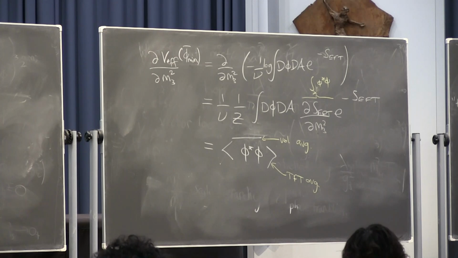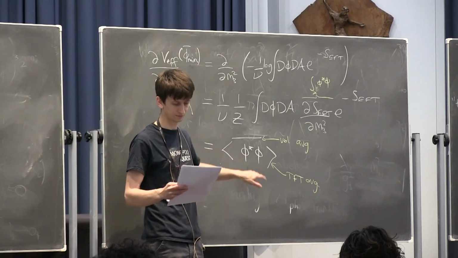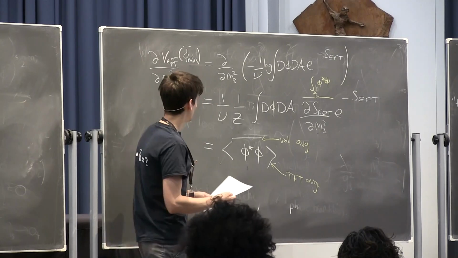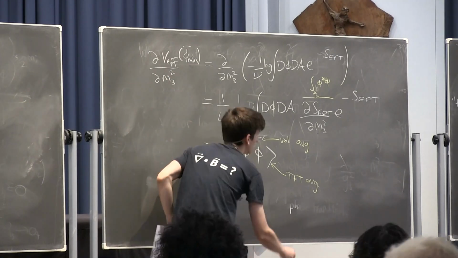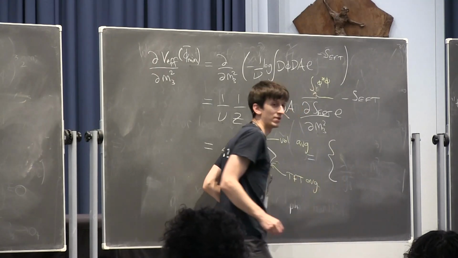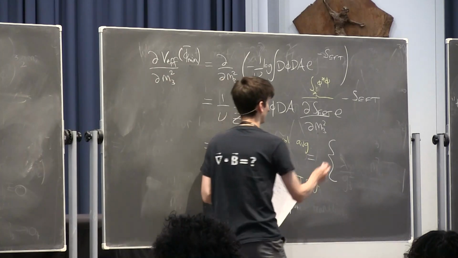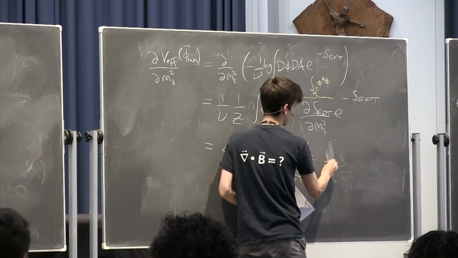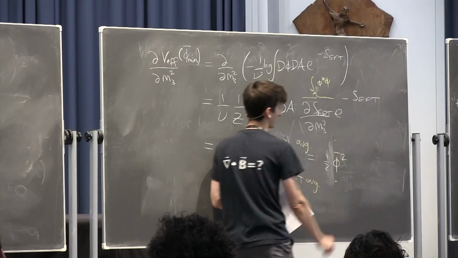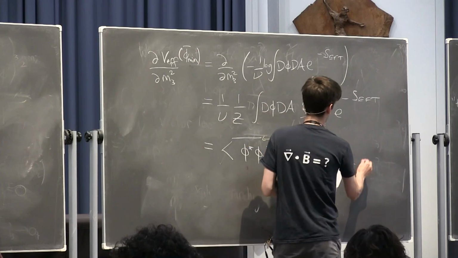So now I can write my latent heat as something which is kind of easy to evaluate. This thing was easy, times that. And this is, in perturbation theory, just a half times phi bar squared, which we've evaluated.